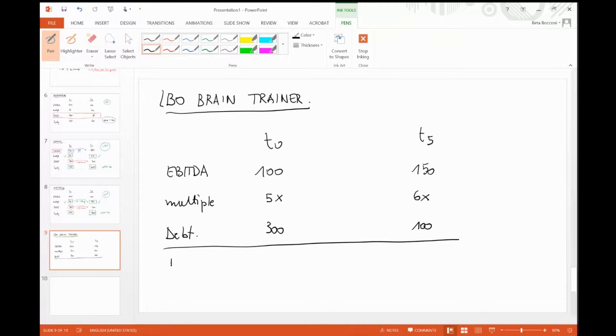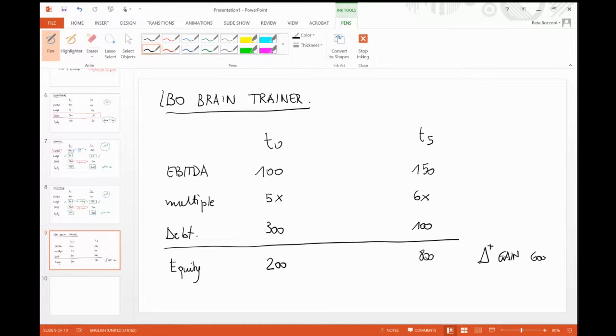Clearly, you can imagine that the equity contribution for this company at the beginning of this period is essentially 100 times 5 minus a debt of 300, which is an equity of 200, while instead the equity at the end will be 900 minus 100, it will be 800. So essentially your delta, your gain, will be 600.